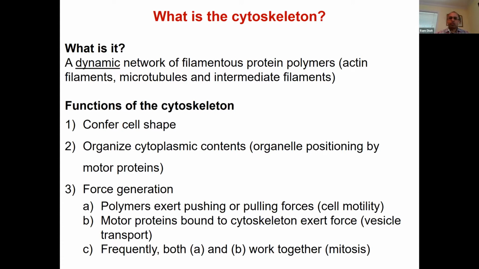Through these activities of growth and shrinkage and other dynamics, these polymers can exert pushing or pulling forces on organelles, for example. So can anyone just briefly think about or describe how a cytoskeletal filament might exert a pushing force?